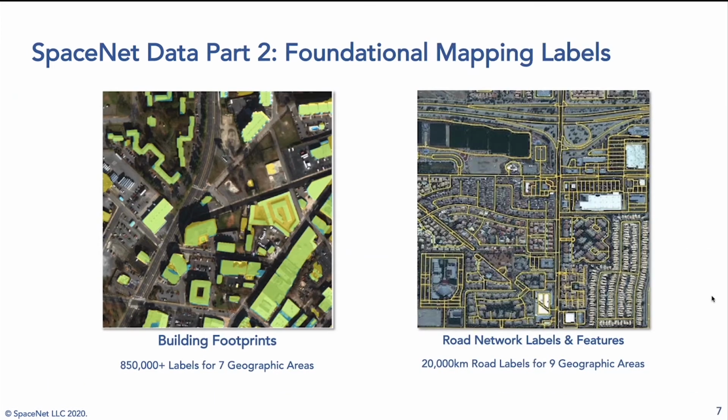In these cities, we have foundational mapping labels, building footprints, and then road network labels and features. So again, this is the actual road vector that we can build into a network, along with features like number of lanes.